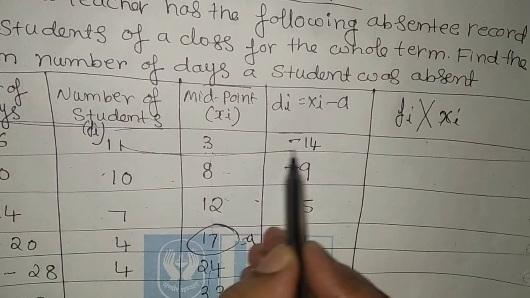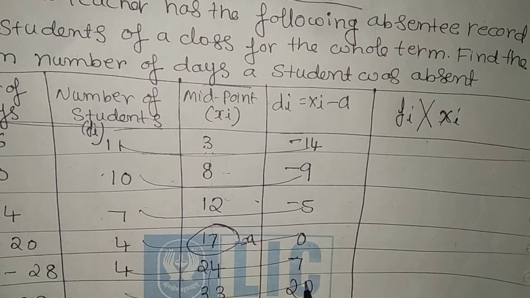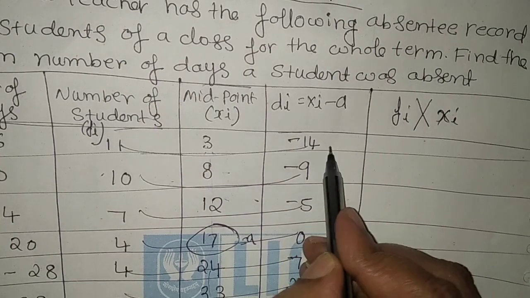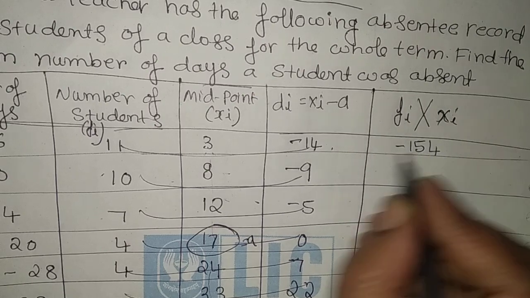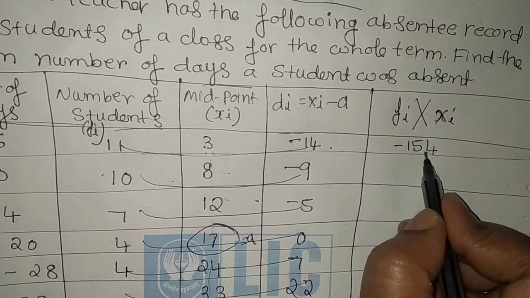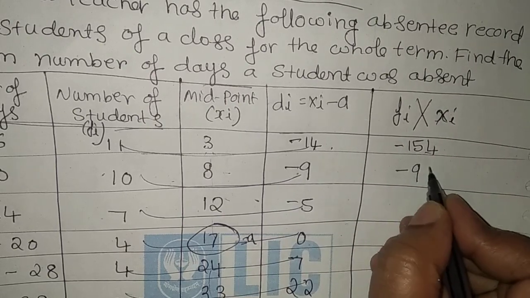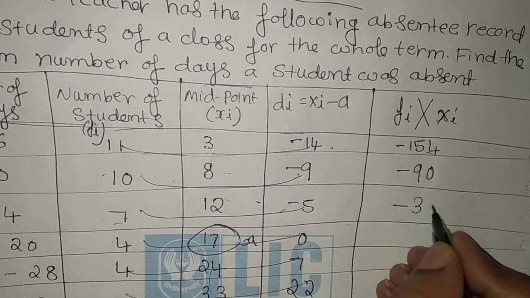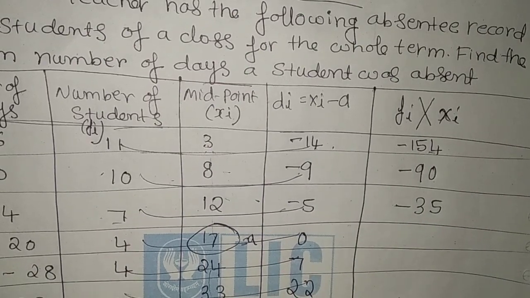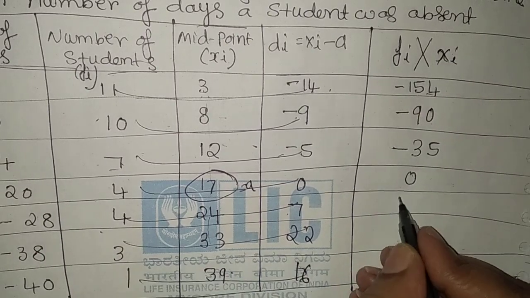Now multiply these two. 11 into minus 14 is minus 154. 10 into minus 9 is minus 90. 7 into minus 5 is minus 35. 0 into 4 is 0. 7 into 4 is 28.